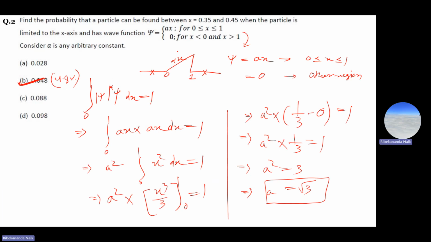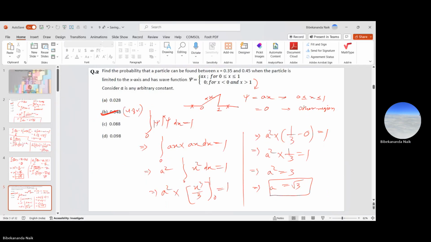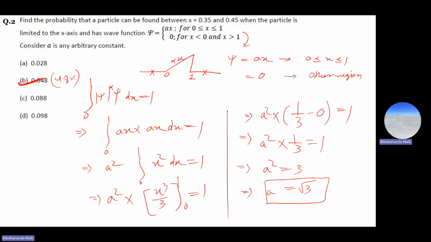So the correct option is option B, which is 4.8%.